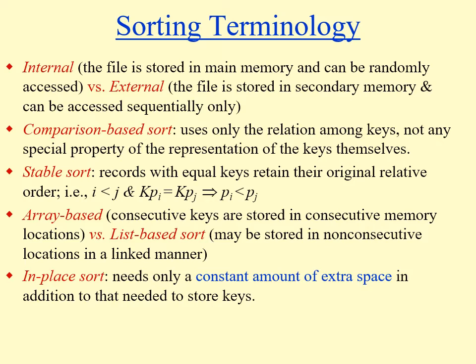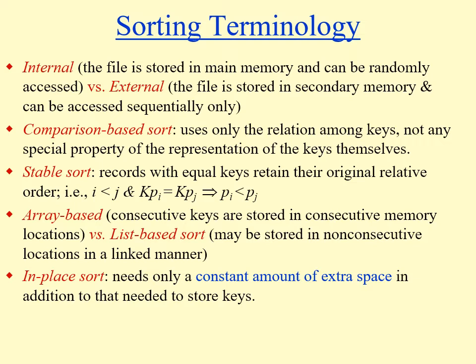Next we want to talk about stable sort and in-place sort; we take these two together. Stable sort means if two keys are equal, after sorting you still keep their relative order. Because they are equal, you don't need to change the order, correct?